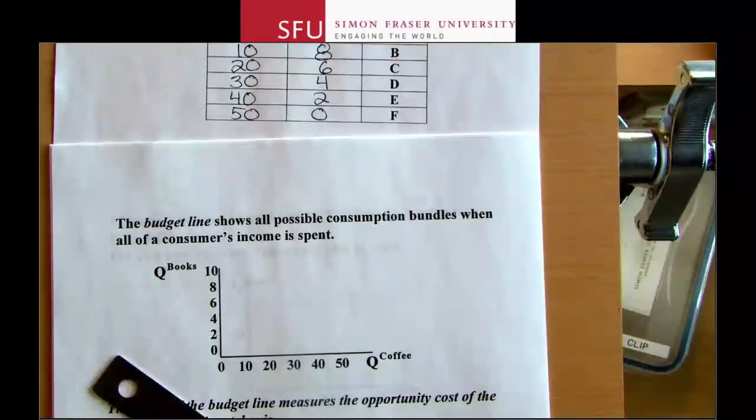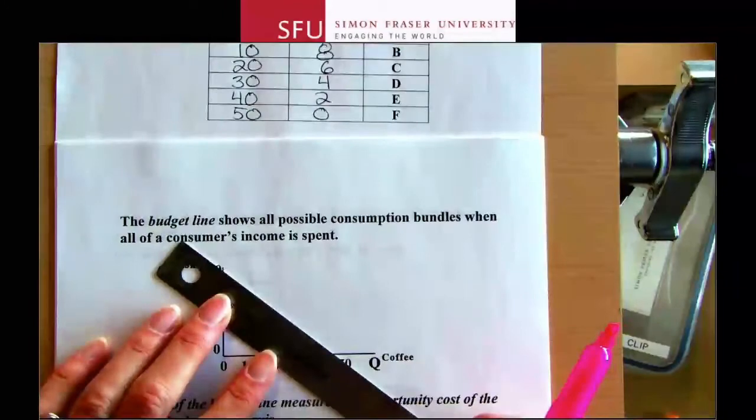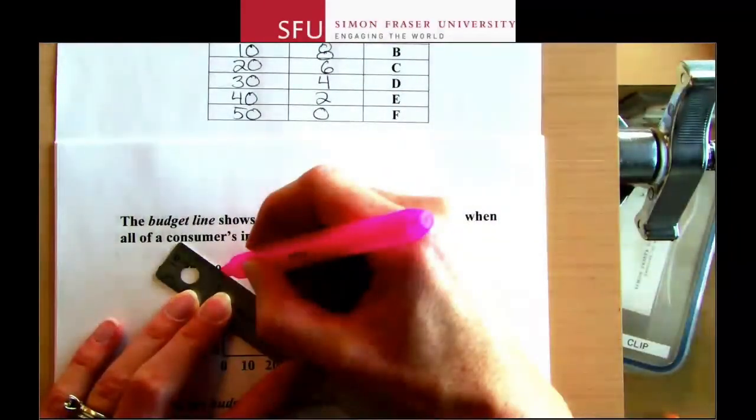Okay, so the budget line then, it goes from 10 books to 50 coffee.